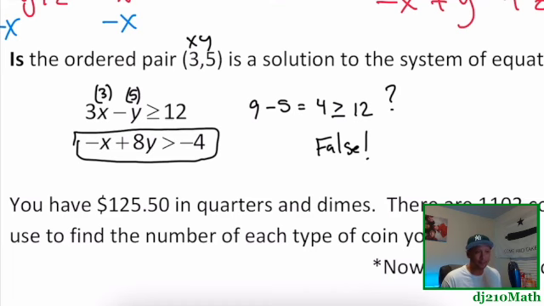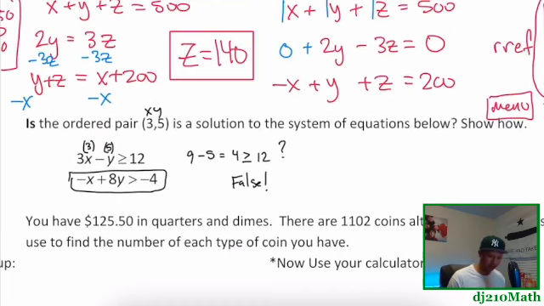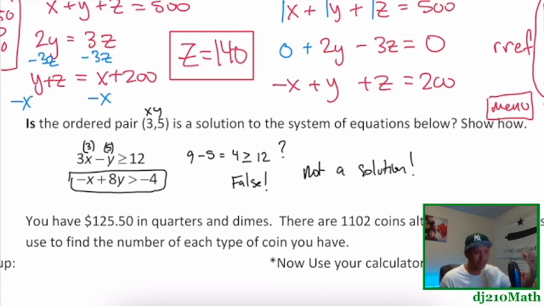But it's false for one. The moment it's false, it's not a solution. There's no reason to even show the next one, because even if it's true, that means nothing since I got a false reading in the first one. So it's false.